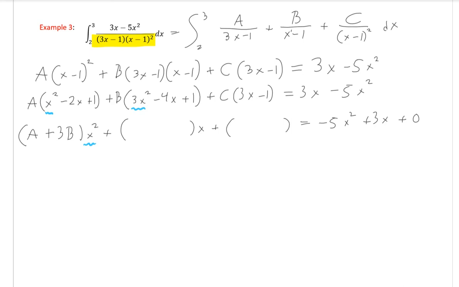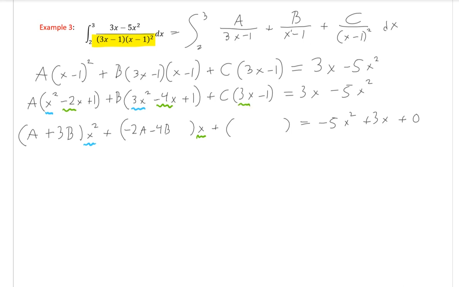For a single x term, I see a minus 2x here, so likewise that's going to give me a minus 2A, because that would multiply the A back in, and then I'd factor the x out. I have a minus 4x, so that means I'm going to have a minus 4B.